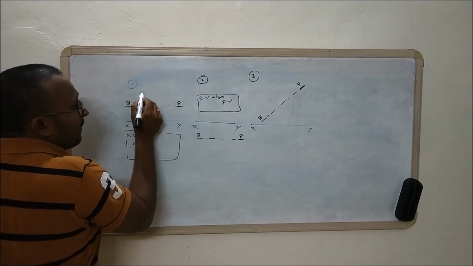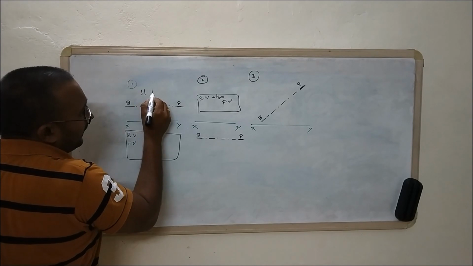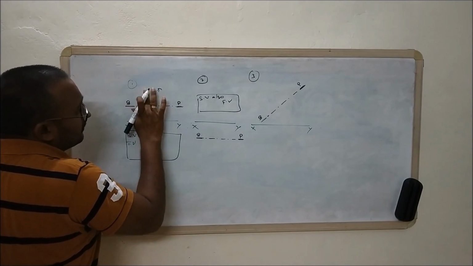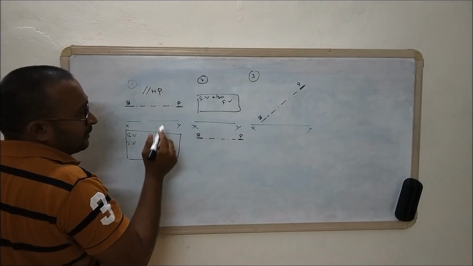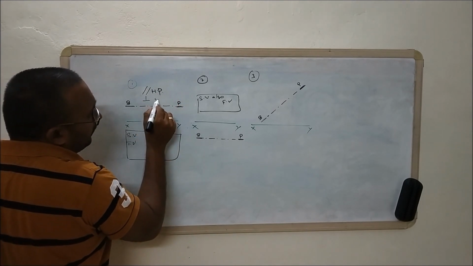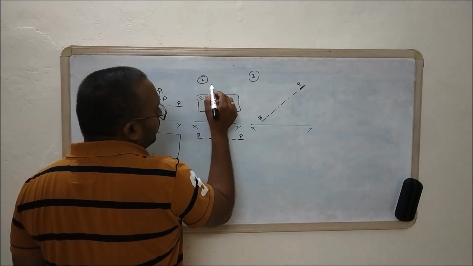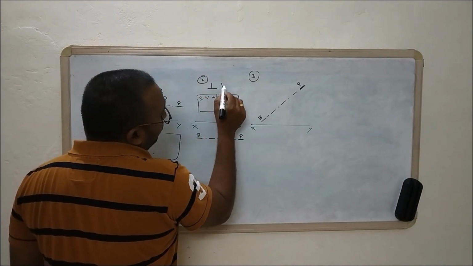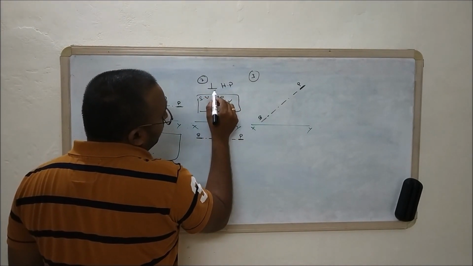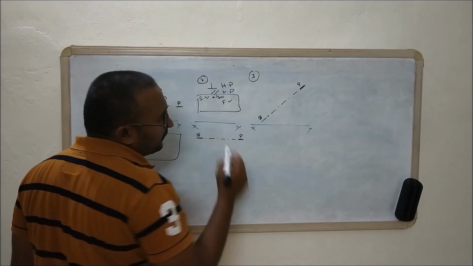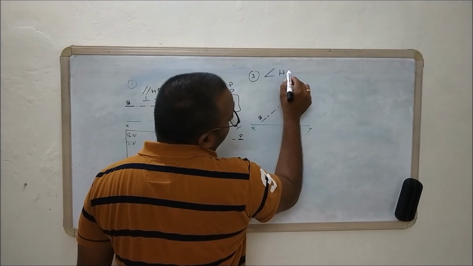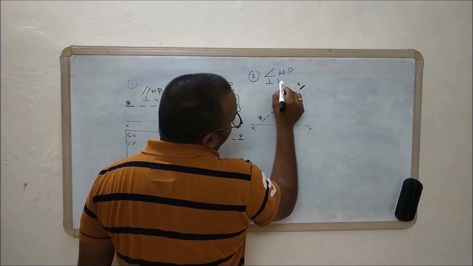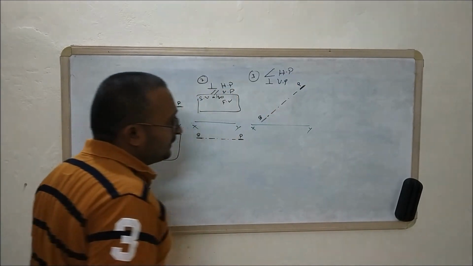So here parallel to HP, perpendicular to VP. Here perpendicular to HP, parallel to VP. And here inclined to HP, perpendicular to VP. That is the third condition.